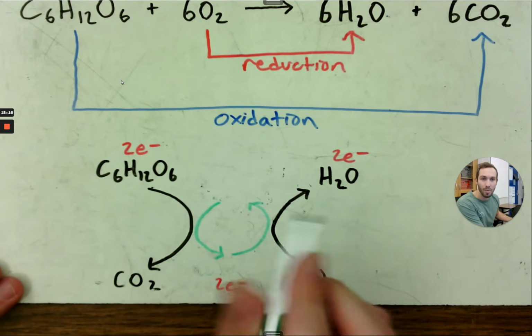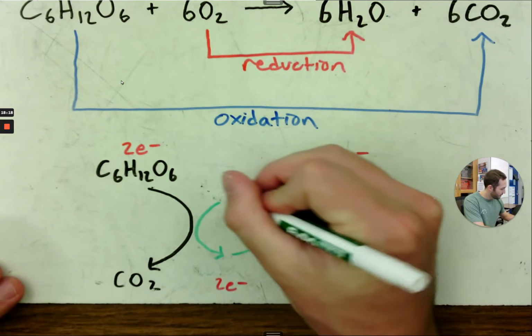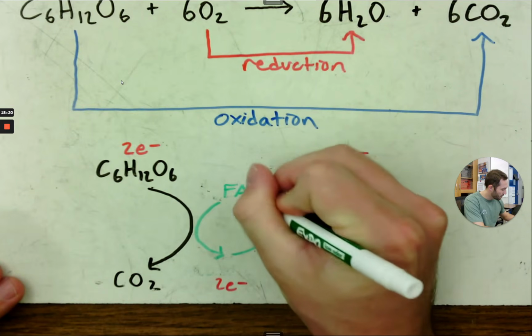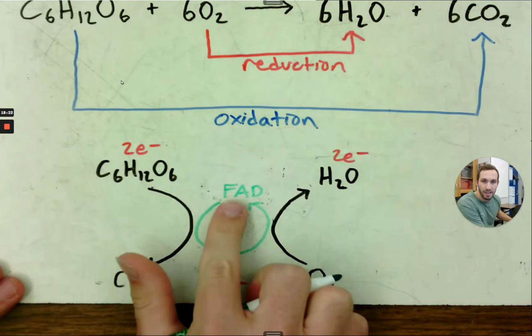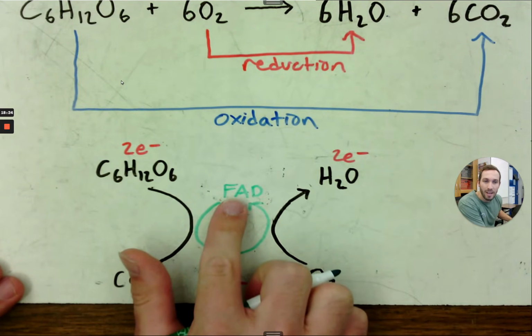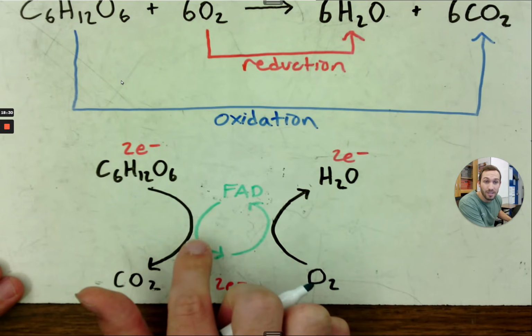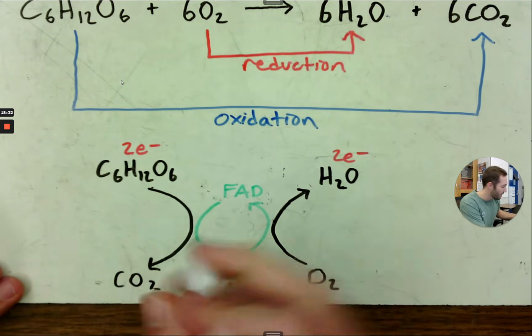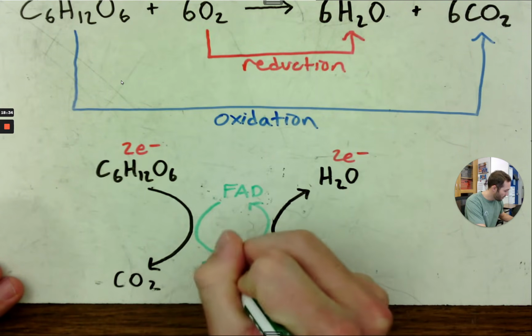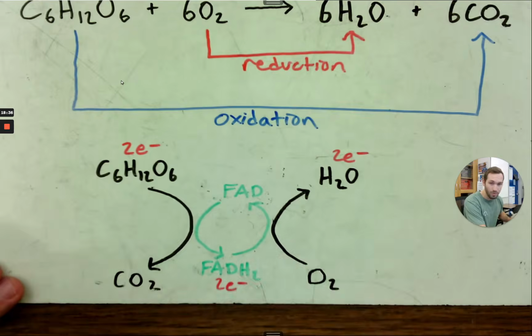He's an electron carrier molecule, but he's called FAD. He does the exact same thing. He swoops in and takes some electrons sometimes, and when he gains those electrons, he becomes FADH2.